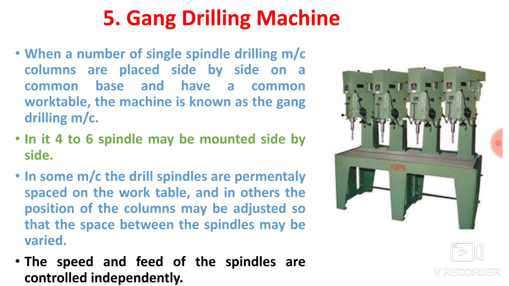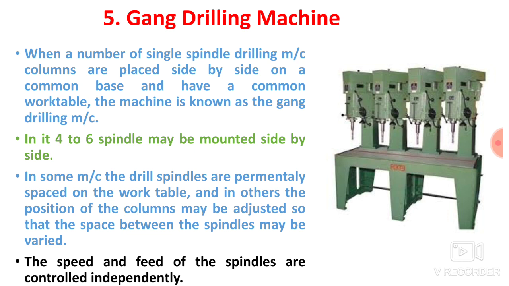So in some machines these columns are fixed, whereas in a few machines you can adjust the columns so that the space between the holes can also be adjusted. The speed and feed of the spindles are controlled independently, because there are separate motors for the separate spindles.